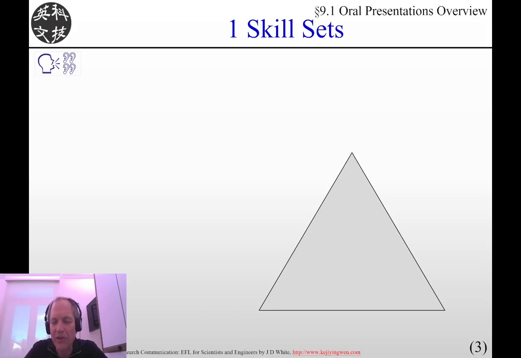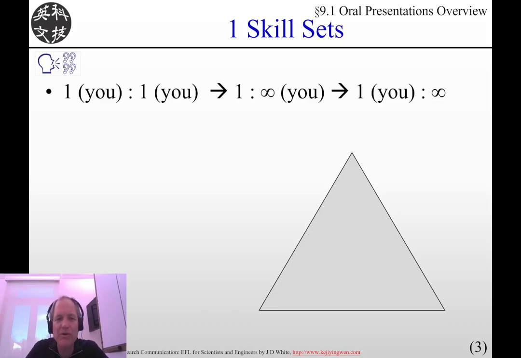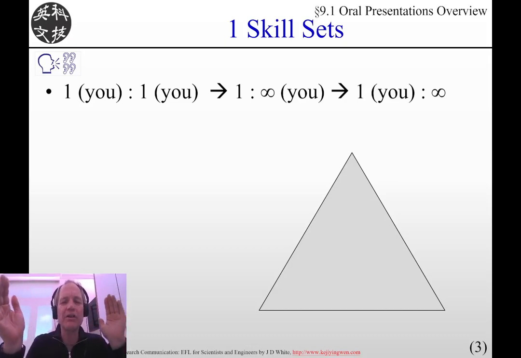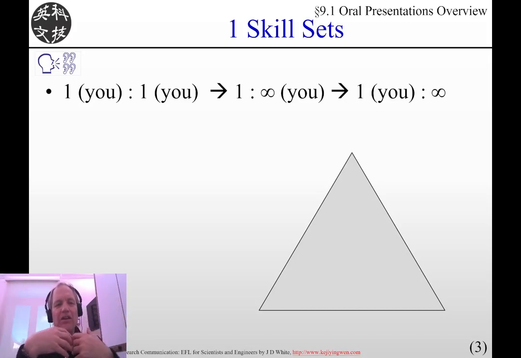triangle. The first skill set, in the past, we have been talking about one-to-one communication, and one to infinity. So we've looked at one-to-one conversation, where you are either the initiator or the person who's responding.